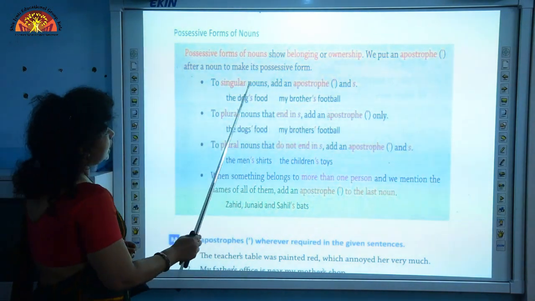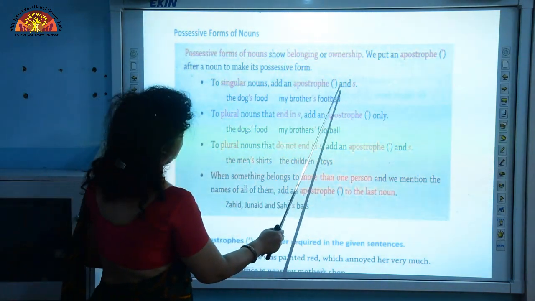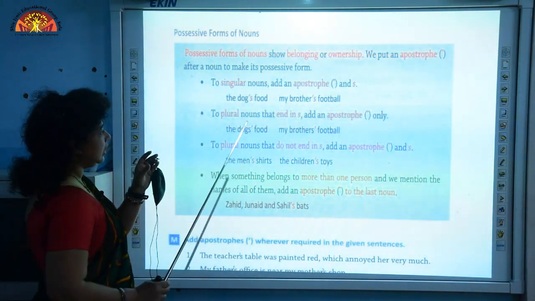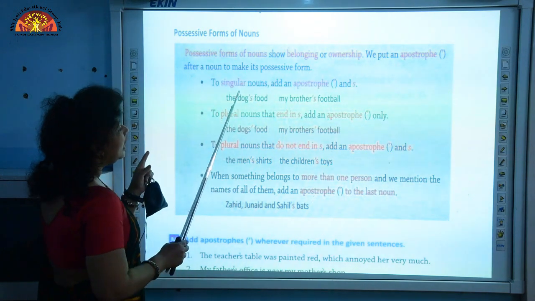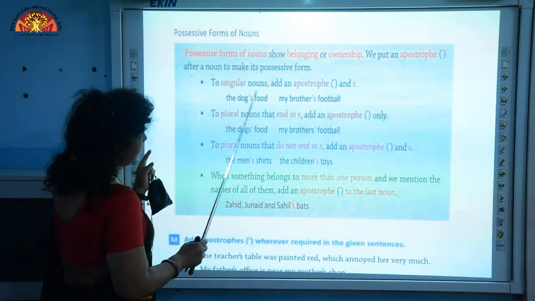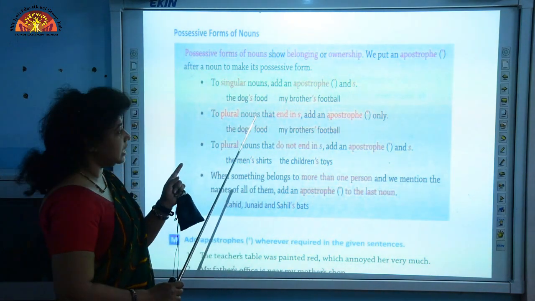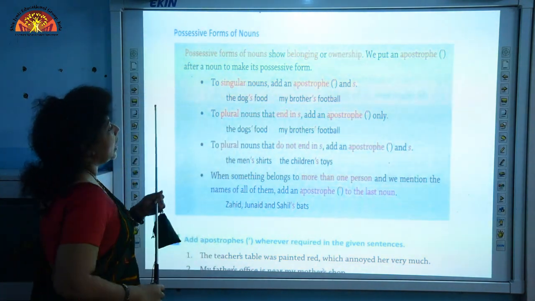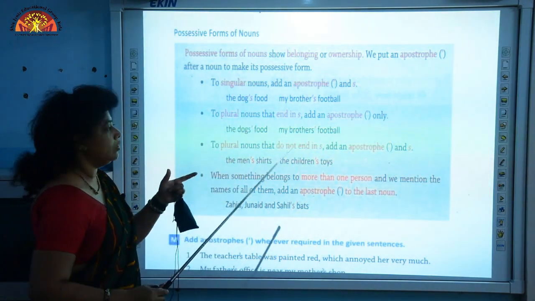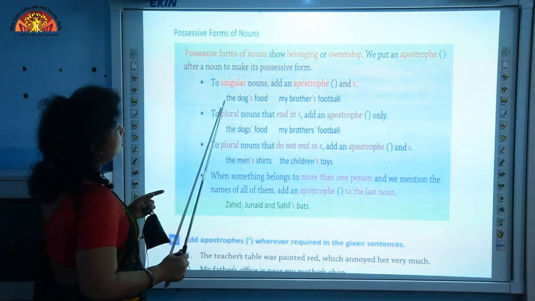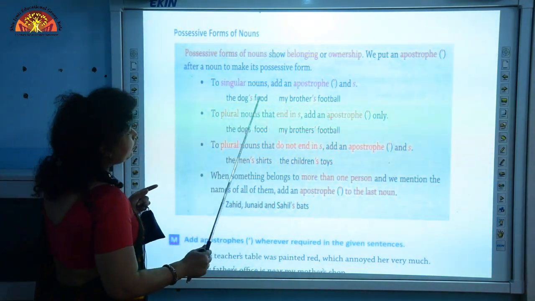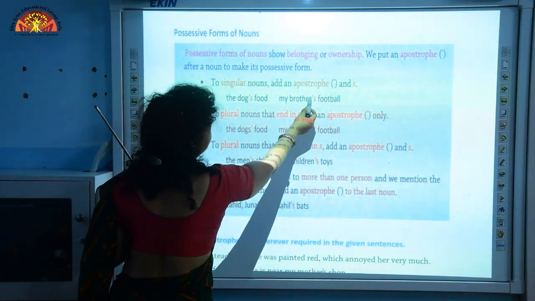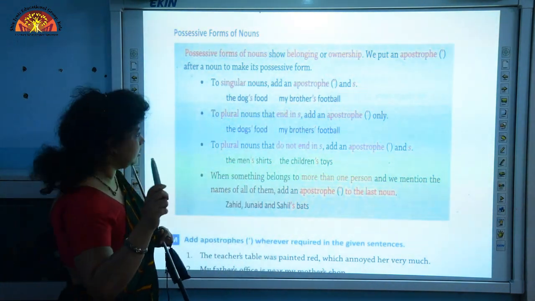To singular nouns, add an apostrophe and S. Whenever it is a singular noun, like dog or brother, we add an apostrophe S to indicate ownership. So the dog's food, my brother's football. This symbol is called an apostrophe.